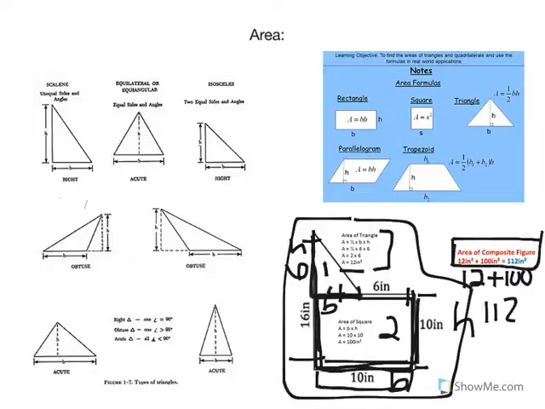Okay, so remember, you separate your composite figure into triangles and squares or rectangles, or other shapes that you know how to find the area of, because you can't do the entire figure to find the area of it because you don't know the formulas for a strange figure like that, so you have to break it up, and then you add the areas that you find for each figure inside the composite figure. So you found the area of the triangle and the square, which you broke up this figure into, and you add it together to find your answer, which is in this problem 112.